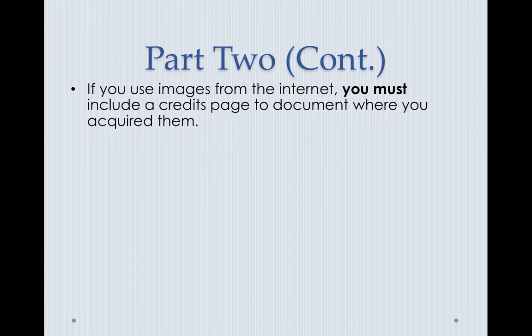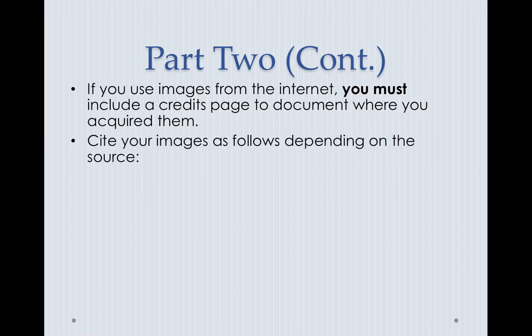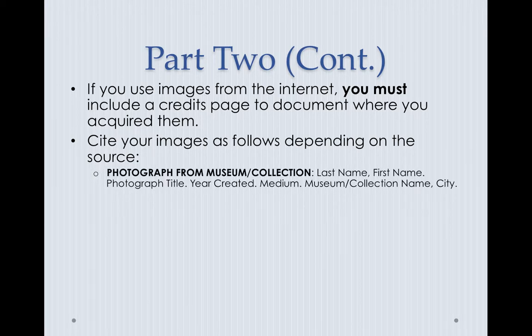If you use images from the internet, you must include a credits page to document where you acquired them. So you must cite your images as follows depending on the source of the image. And I'm not going to go through every one of these.